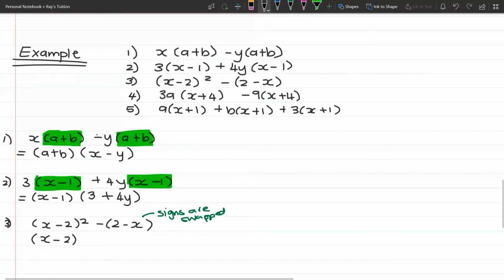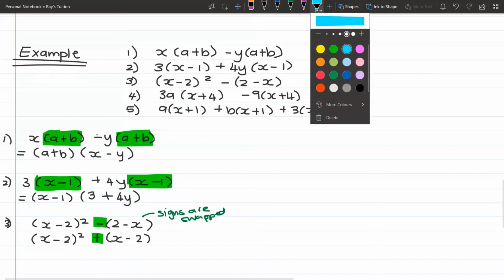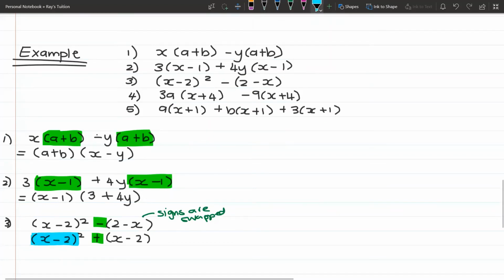So (x - 2) squared, and if we take out a negative, it changes the sign at the beginning of the bracket. So the sign changes, and now we can swap the signs around. Now you'll notice that we have two brackets that are the same. So we have (x - 2) and (x - 2).